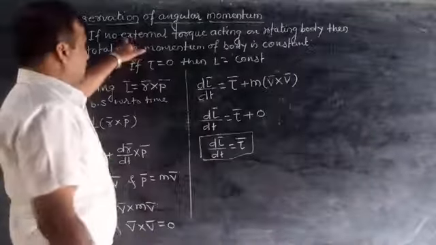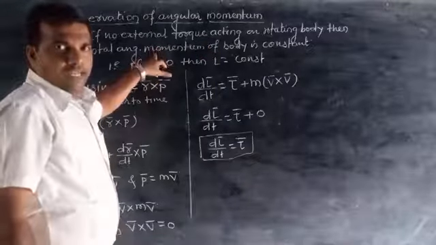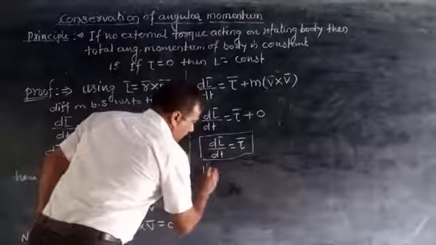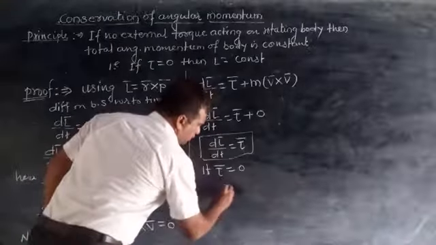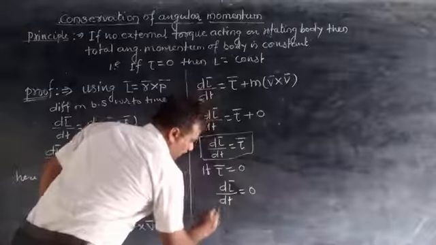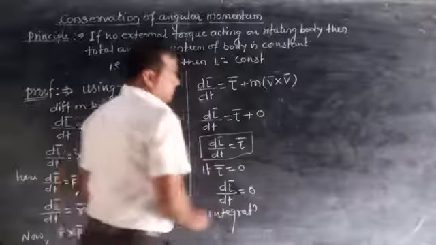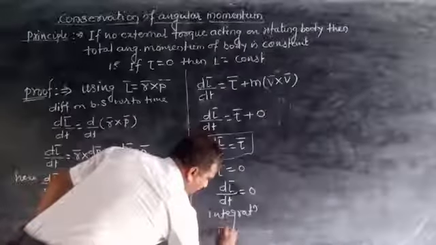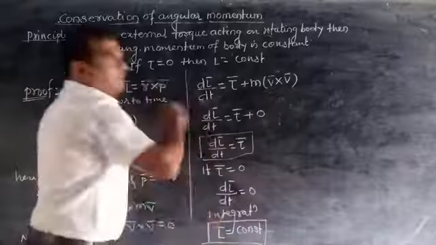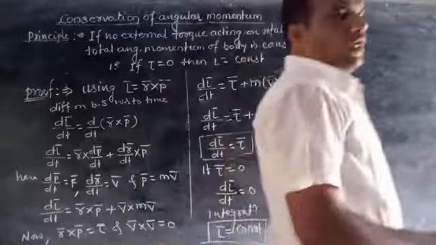Now according to the statement, if no external torque is acting on the rotating body, then angular momentum of the body is conserved. It means if tau bar is equal to 0, then dL bar by dt is equal to 0, and integrating, after integration we get L bar is equal to constant, because the derivative of a constant is 0.